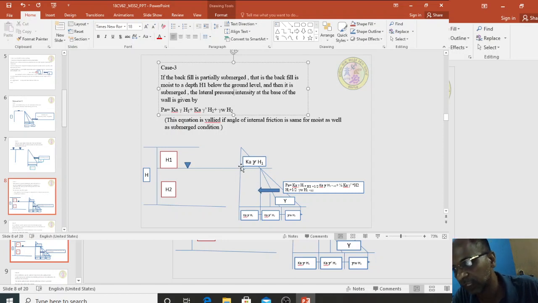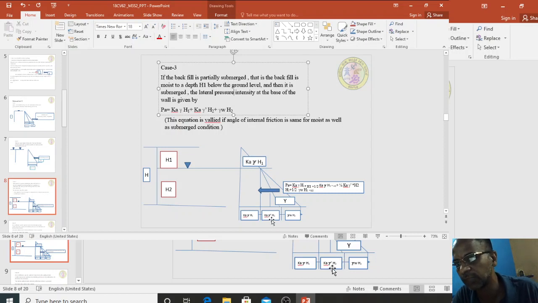For this particular triangle, the base of the triangle is Ka gamma into H1, and this pressure from H1 onwards falls onto the bottom of H2 as a rectangular force, that is Ka gamma H1 as it is, and the backfill pressure in the second portion H2 is Ka gamma dash.